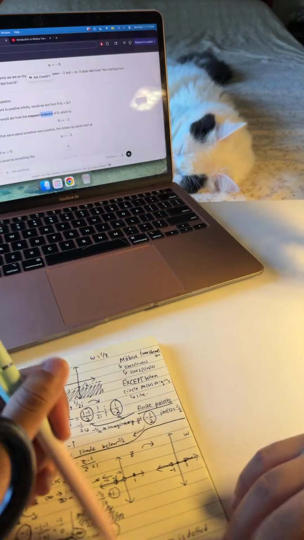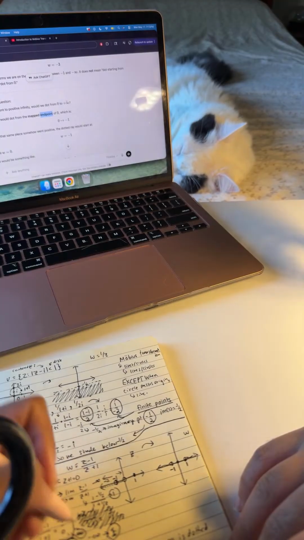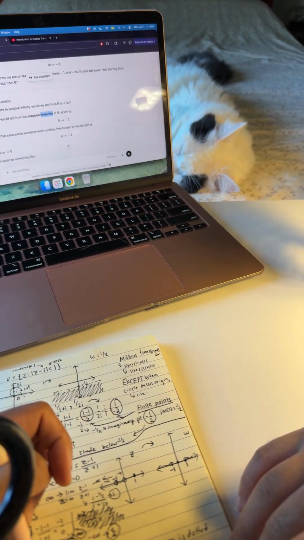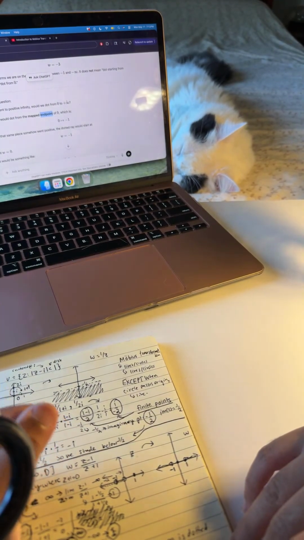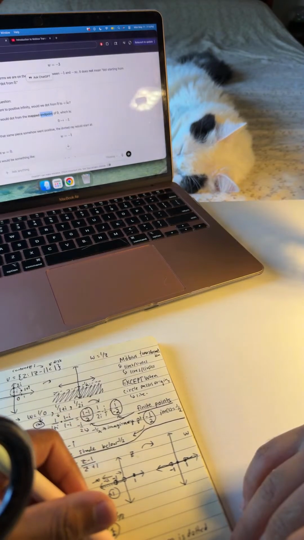So because -1/2 goes to -3 for our test point between 0 and -1, you start at the endpoint, just -1, and it goes towards infinity.